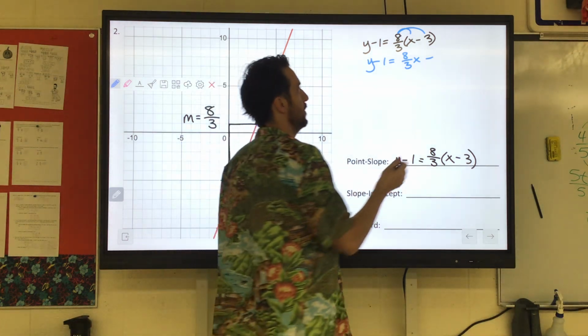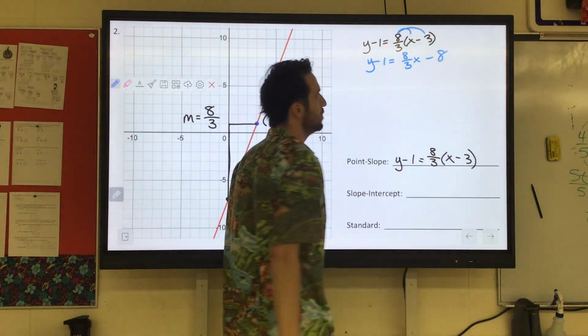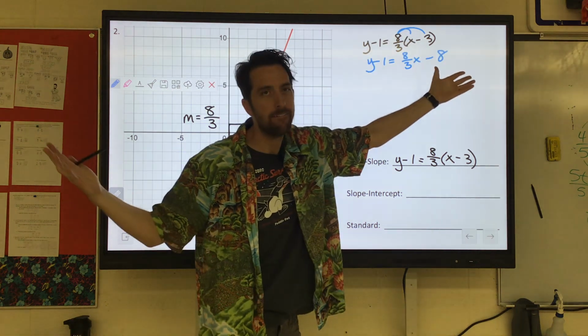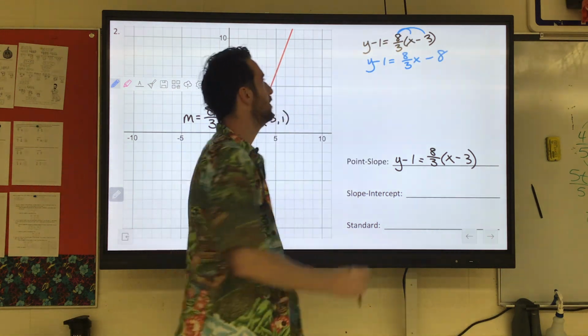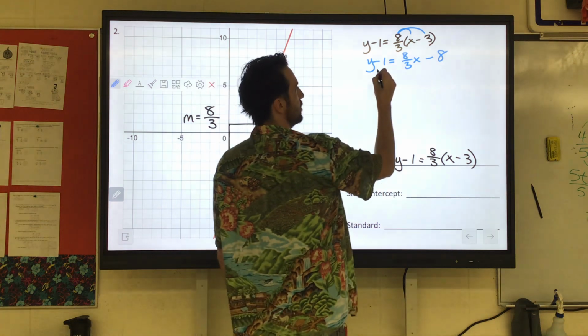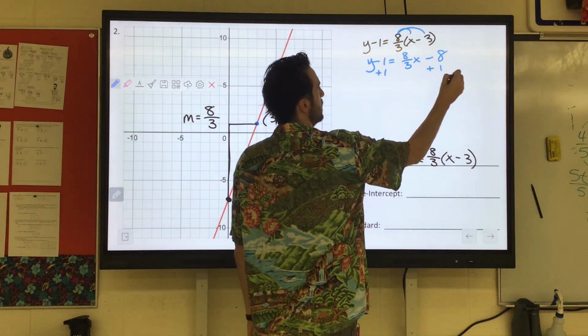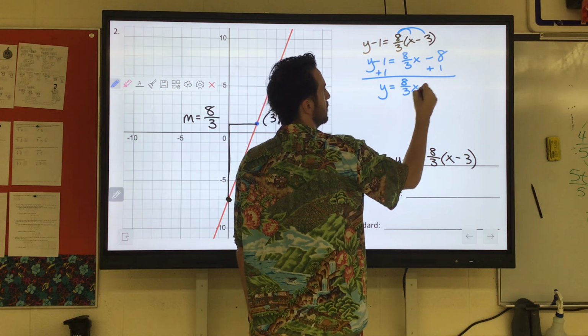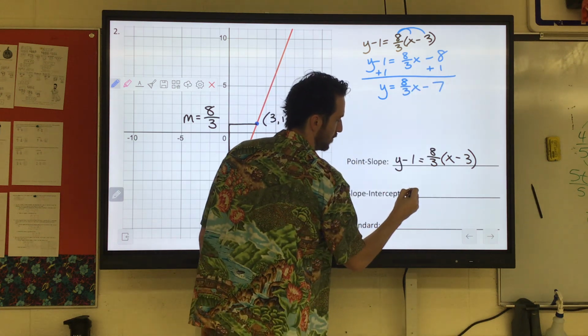So it's just going to come out to 8. Otherwise, you could do 3 times 8 is 24, divided by 3 is 8. That gets you there too. All right, we got to get y by itself, so we will add 1 to both sides. y equals 8/3 x minus 7. There it is in slope-intercept form.